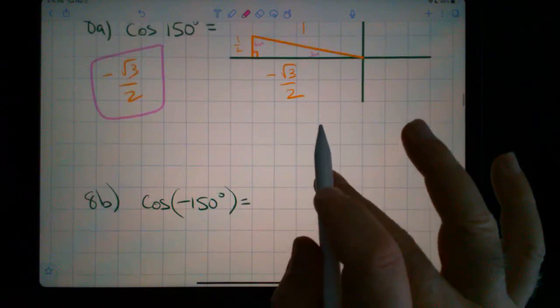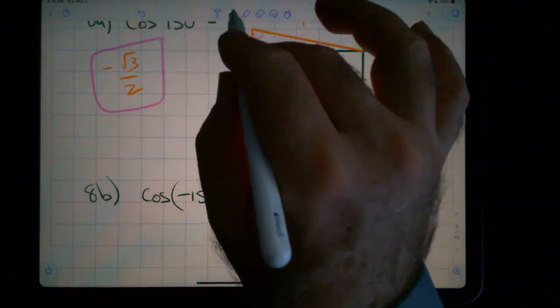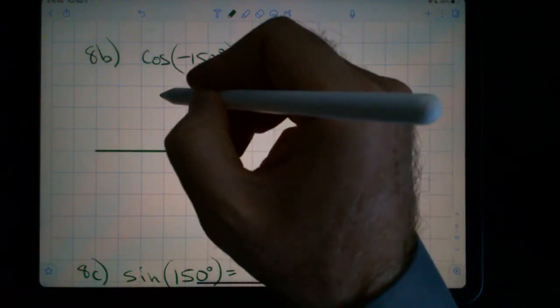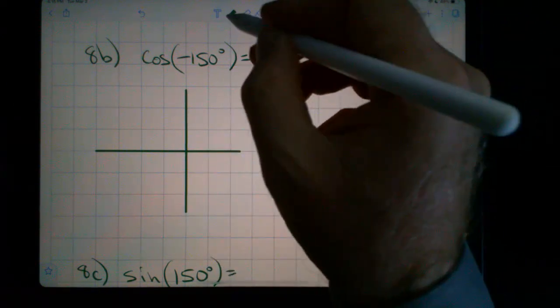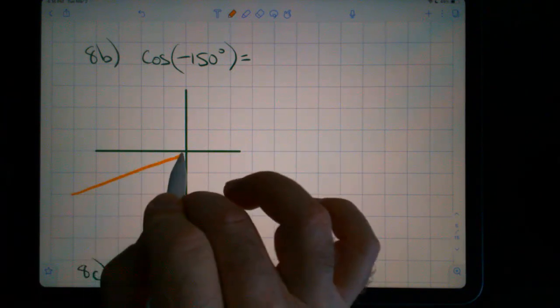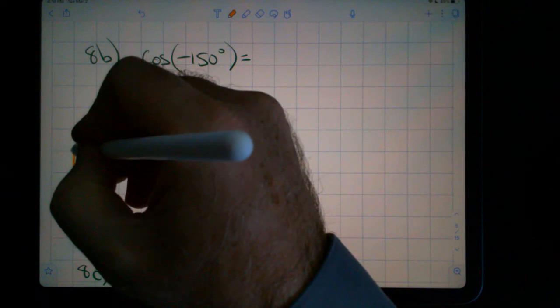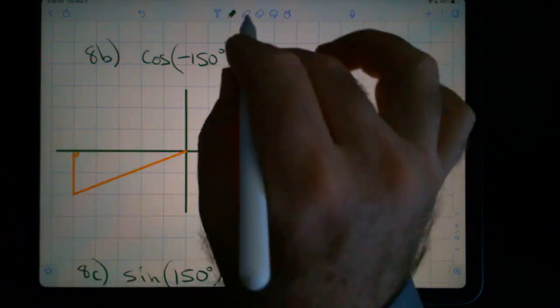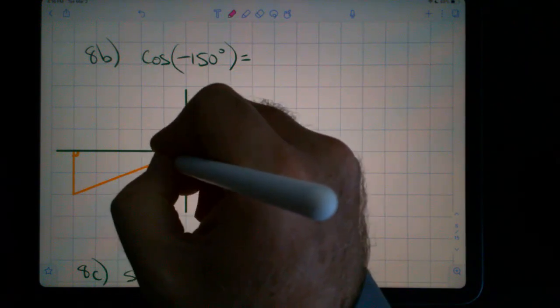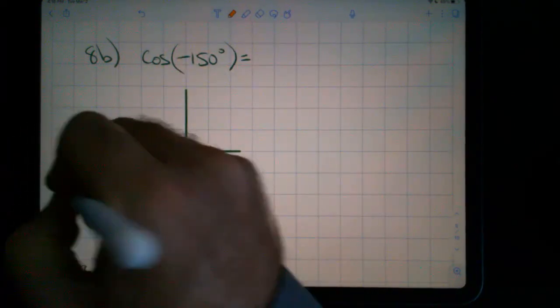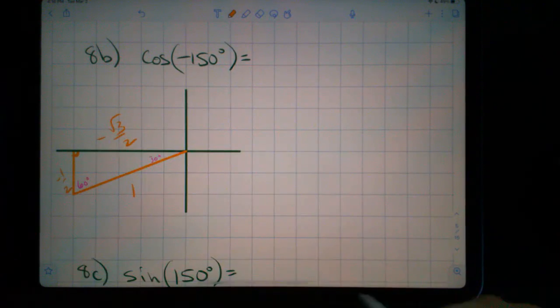Cosine of negative 150 degrees, that's going to end us up so that this is 30 degrees, this is 60 degrees, and now this is going to be negative 1/2, 1, negative root 3 over 2.